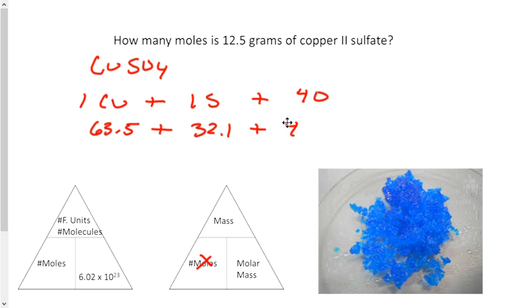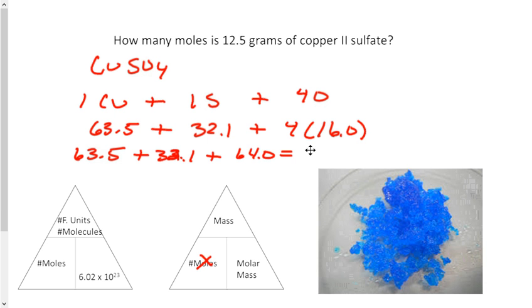Plus, then we'll have 4 times 16.0. So that would be 63.5 plus 32.1 plus 64.0. And that has a grand total of 159.6 grams.